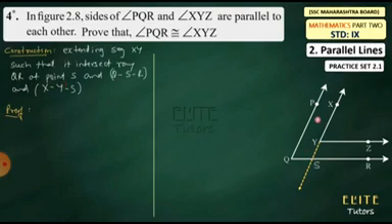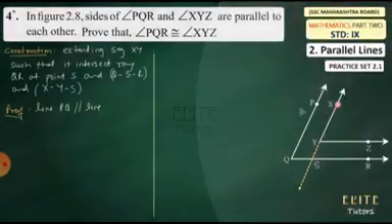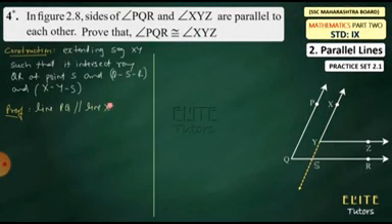Proof: PQ is parallel to XY, which is given in the question. Angle PQR and XYZ are parallel to each other, so we will write line PQ parallel to line XY, given. That is, if PQ and XY are parallel to each other, but I have extended the line XY, so PQ is parallel to XS also.